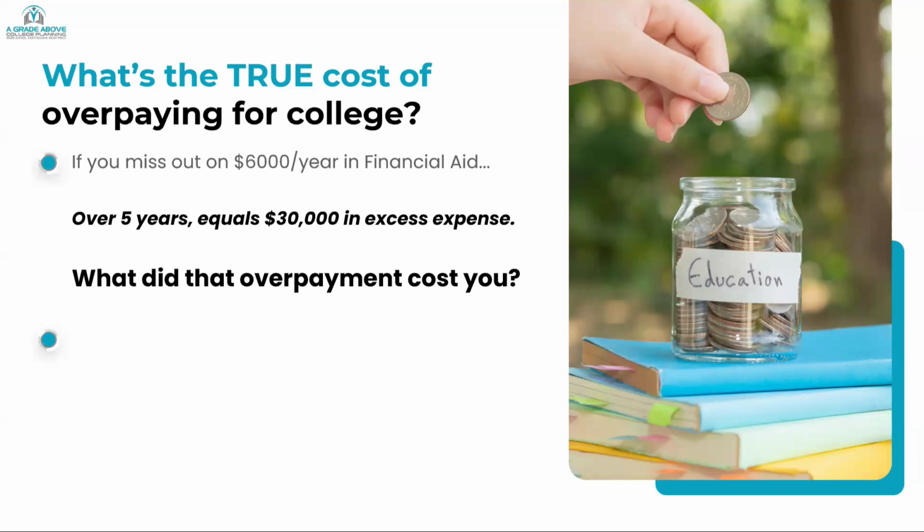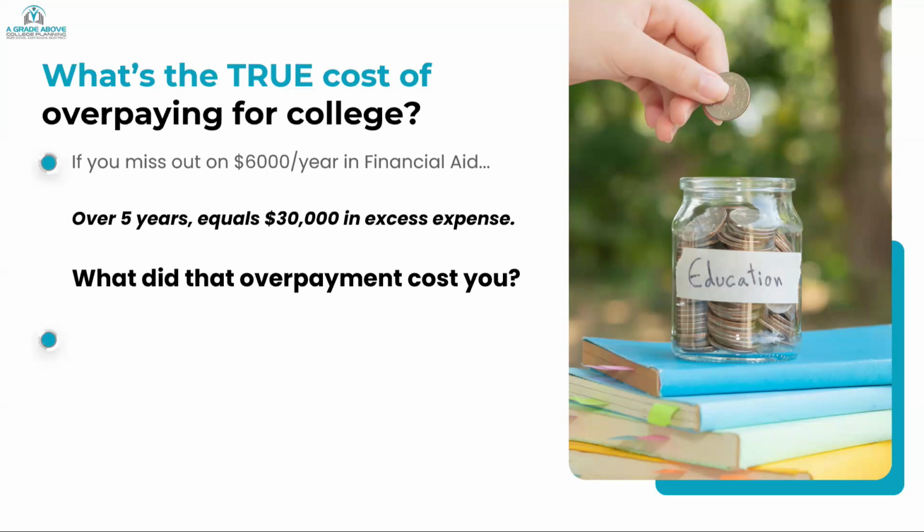If you were to overpay by just $6,000 in financial aid a year, if you missed out on $6,000 in financial aid, and that's pretty conservative. In certain situations, families are overpaying by $10,000 to $20,000 a year. But if it's just $6,000 a year over 5 years, that equates to $30,000, right? Pretty simple math. If your kid is graduating in 5 years, you paid $6,000 more than you had to each year. That's what you're looking at.